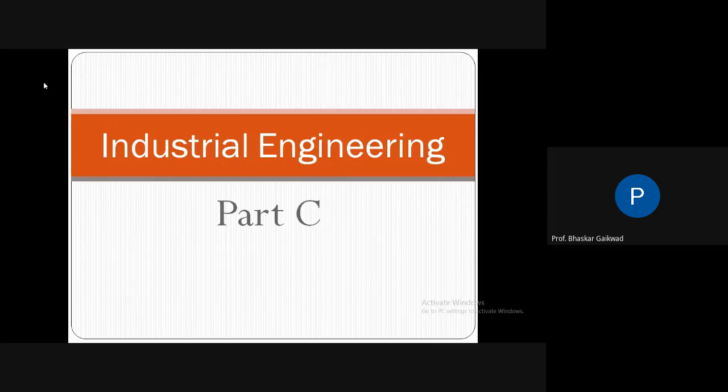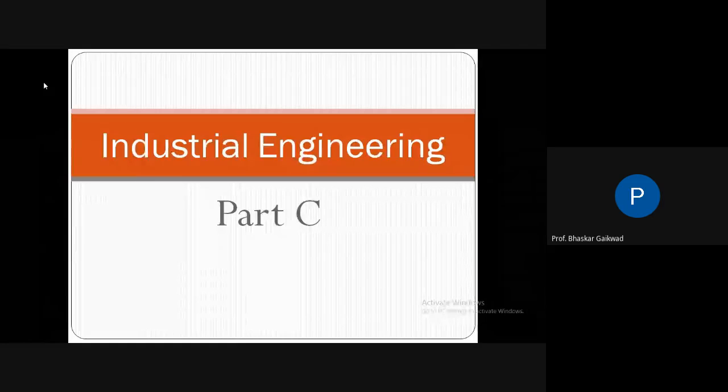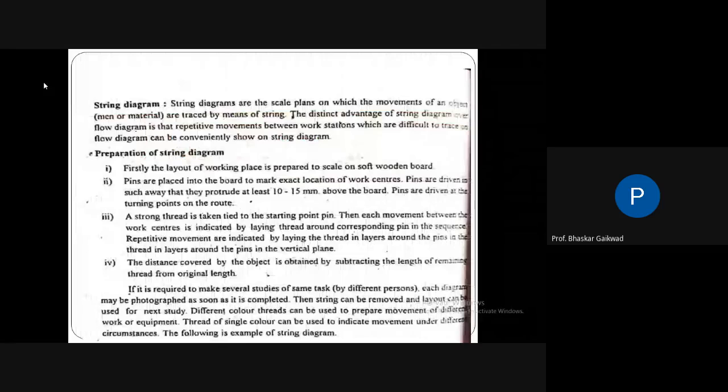Now we're going to see the next part of industrial engineering, that is the string diagram. Last time we went through the different flow process charts. After that we went through the flow diagrams, and next is the string diagram.